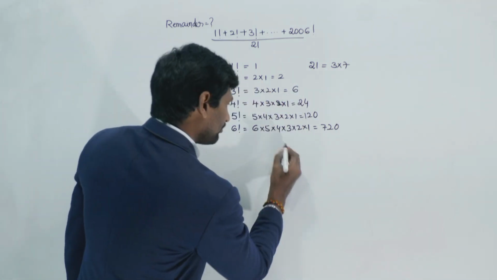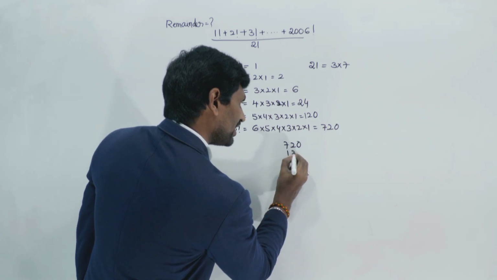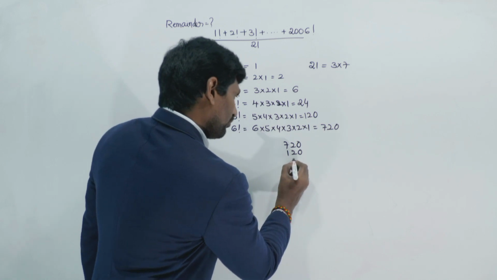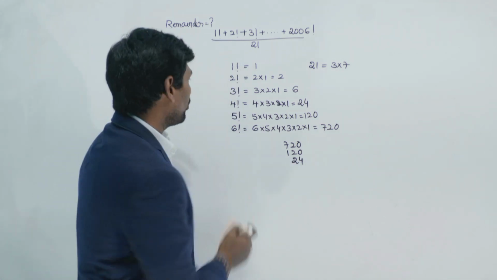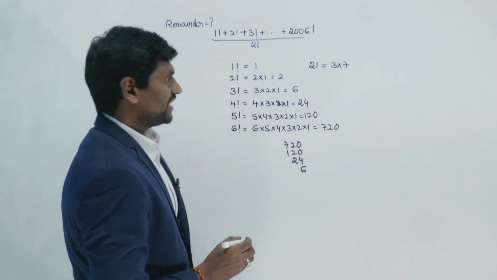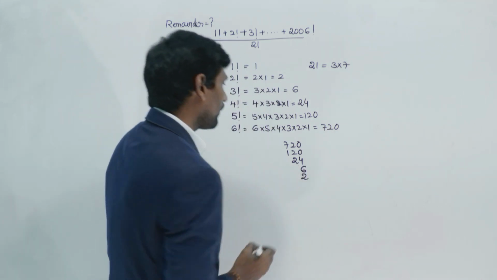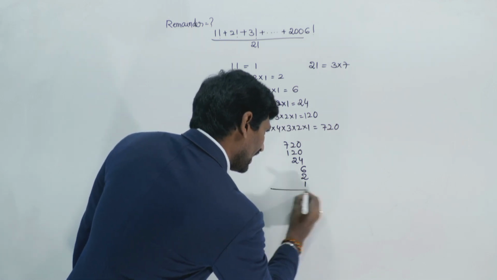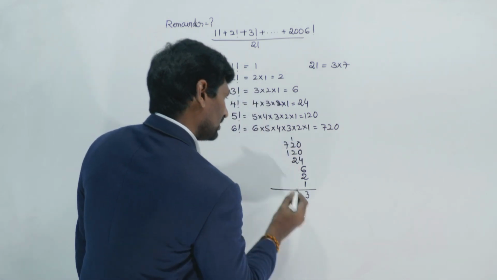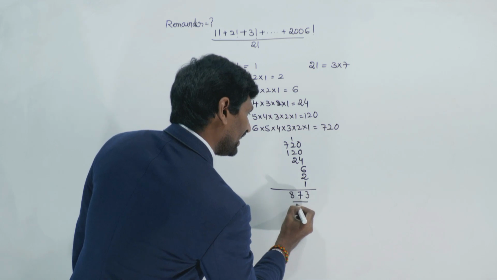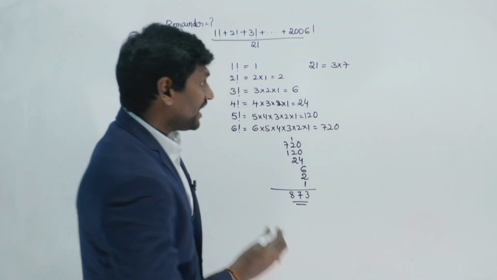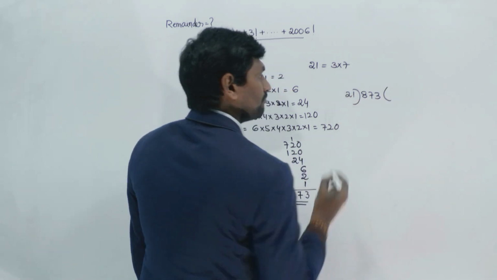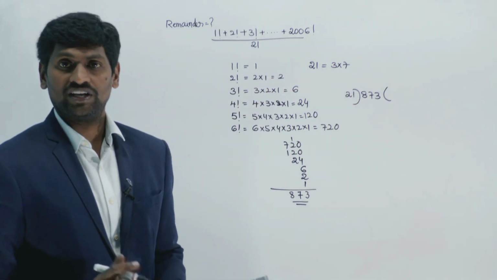Now add all of them. 720, 5 factorial is 120, 4 factorial is 24, 3 factorial is 6, 2 factorial is 2, and 1 factorial is 1. Adding all of them, we get 873. Now 873 is divided by 21, and we will get the remainder. That is our required answer.